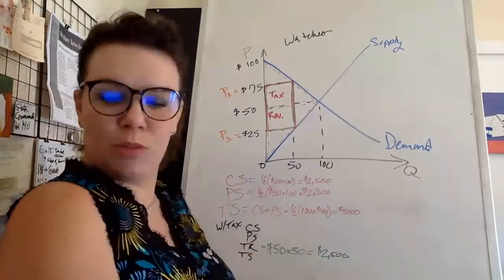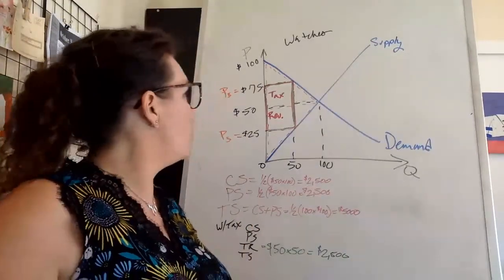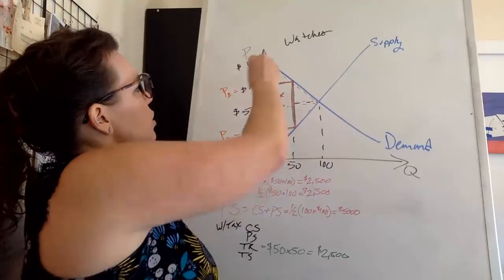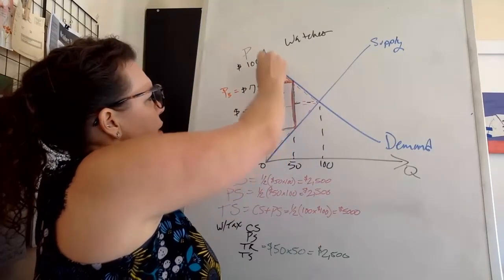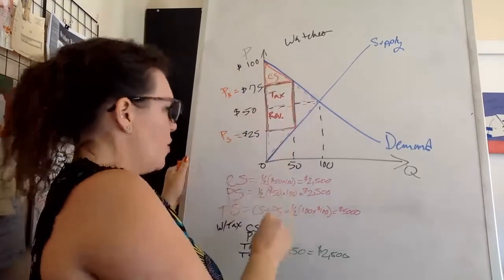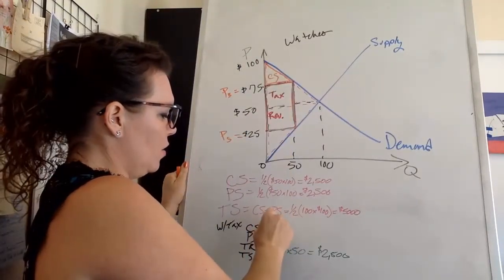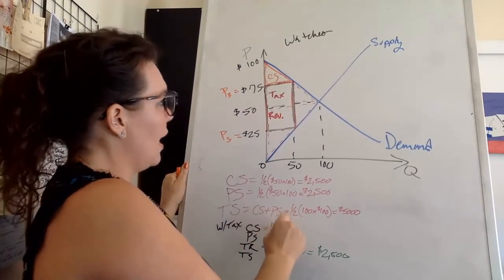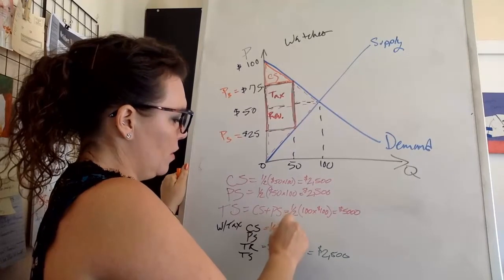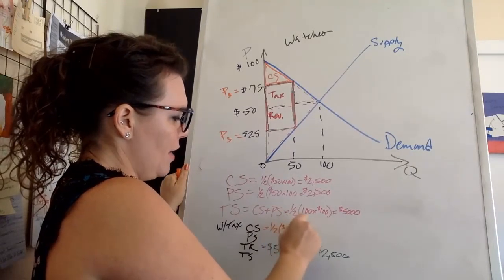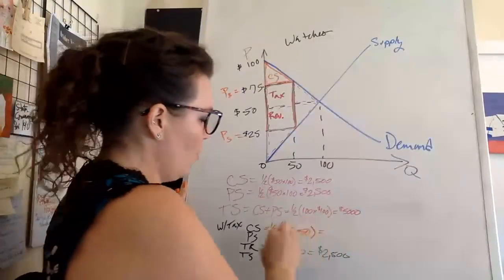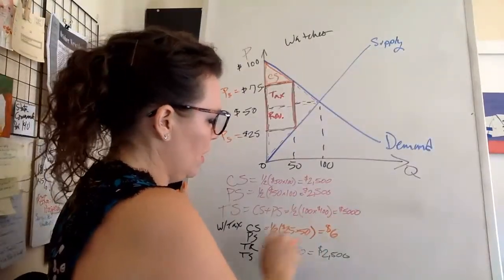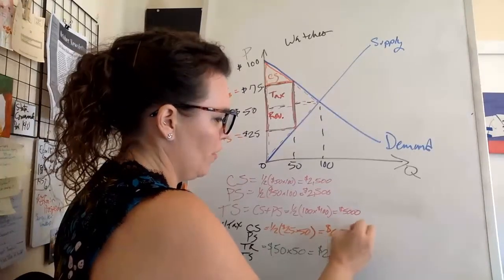The consumer surplus and producer surplus are both going to get smaller. Consumer surplus is now the area below the demand curve and above the price line. So that's going to be a triangle with a height of $25 and a base of 50 watches, which is going to give us a consumer surplus of $625.